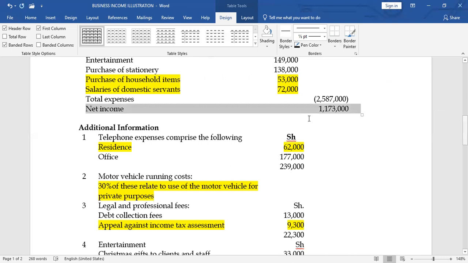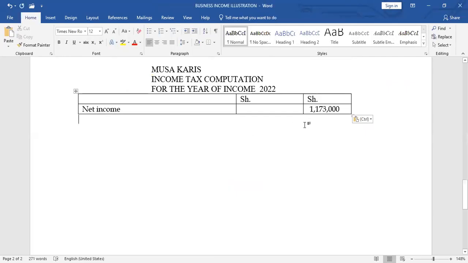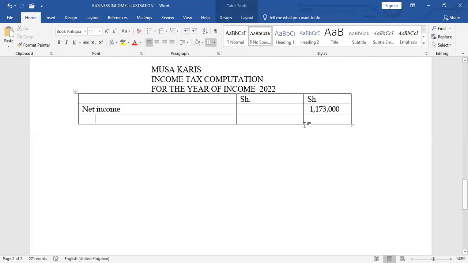I copy it over here. Net income. Then say add back disallowable expenses.